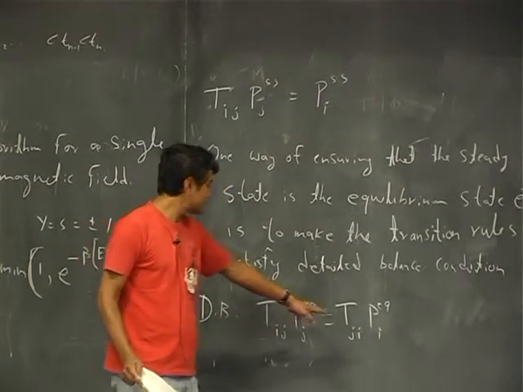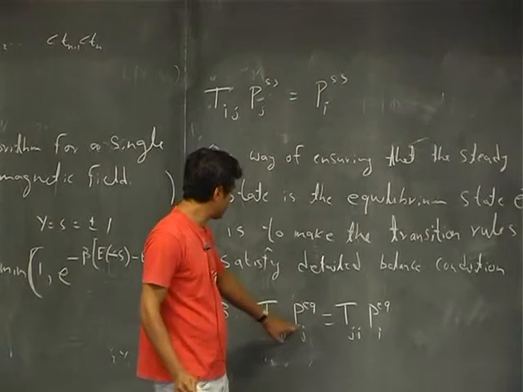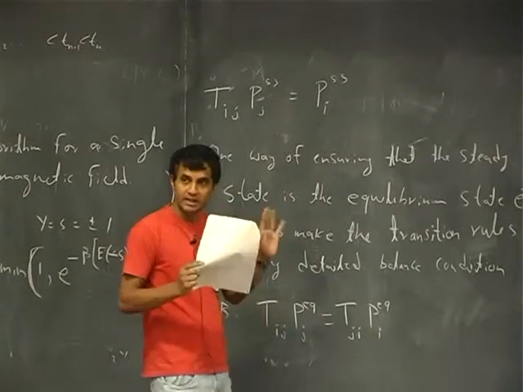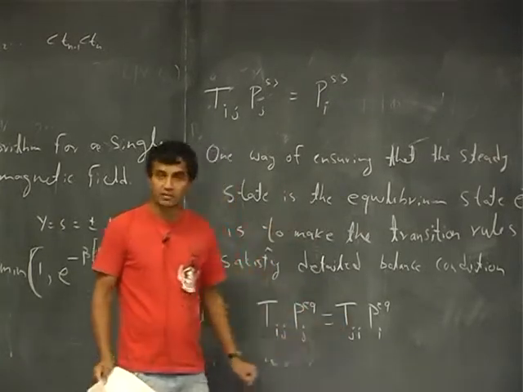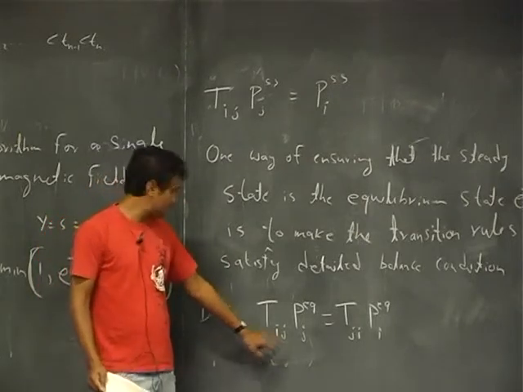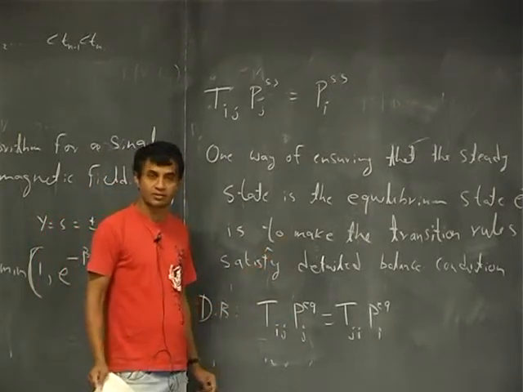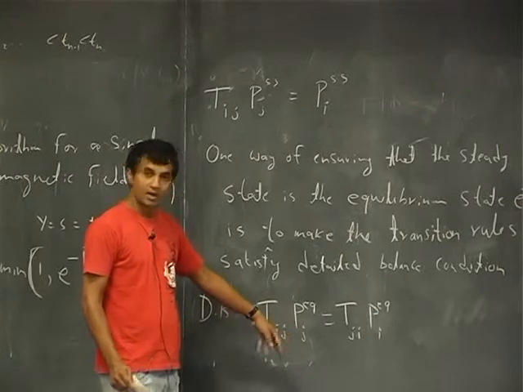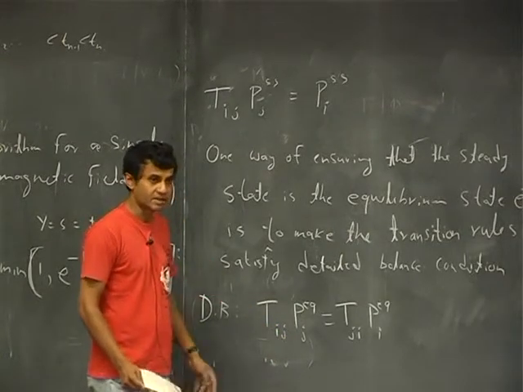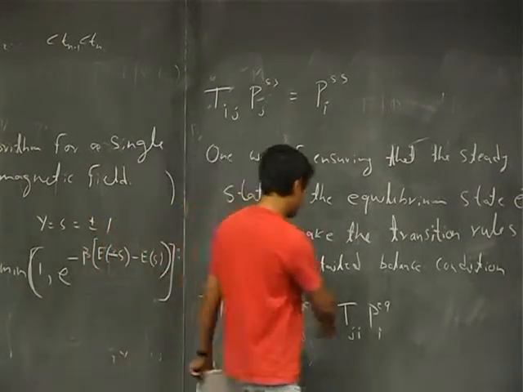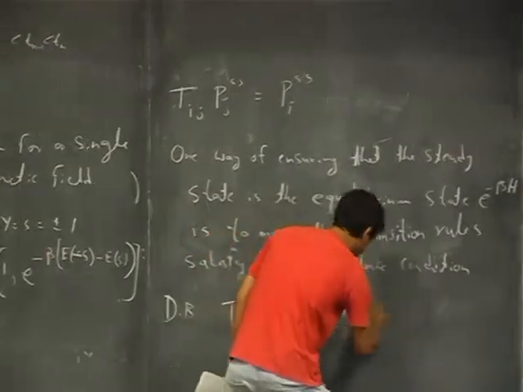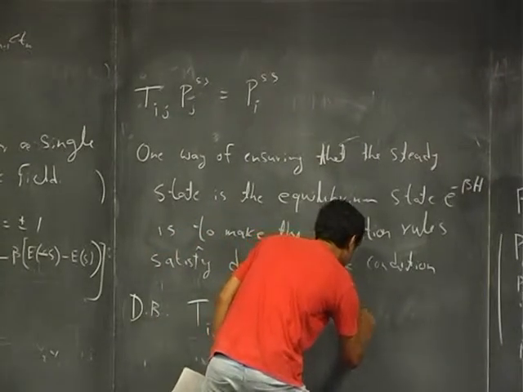Is it obvious from this? Supposing I have chosen my Tij's such that they satisfy this equation. Now I want to show that Pj equilibrium is actually a steady state. So I have to show that this is equal to Pj, it doesn't change. I should mention that for this there is no summation over j.